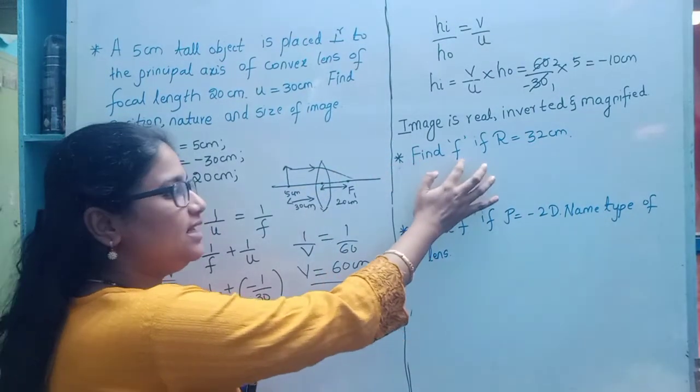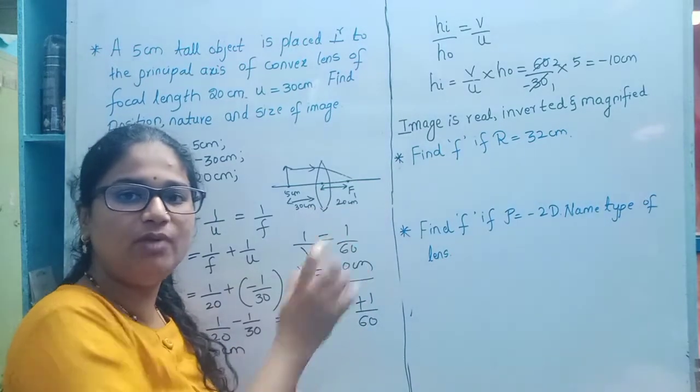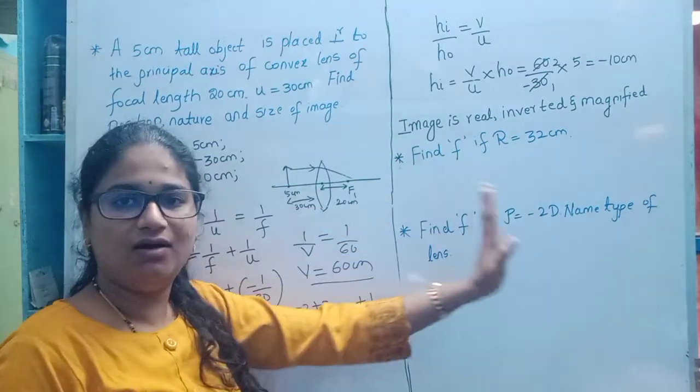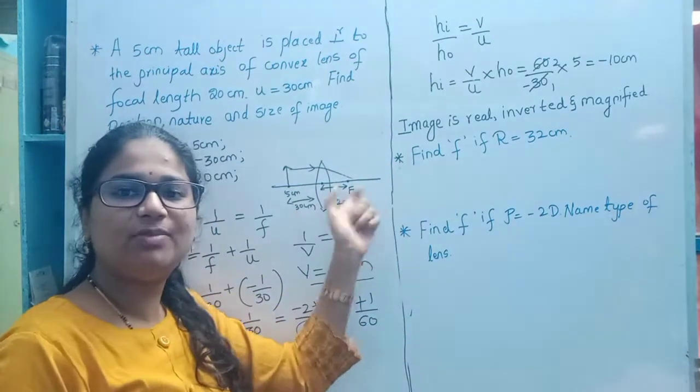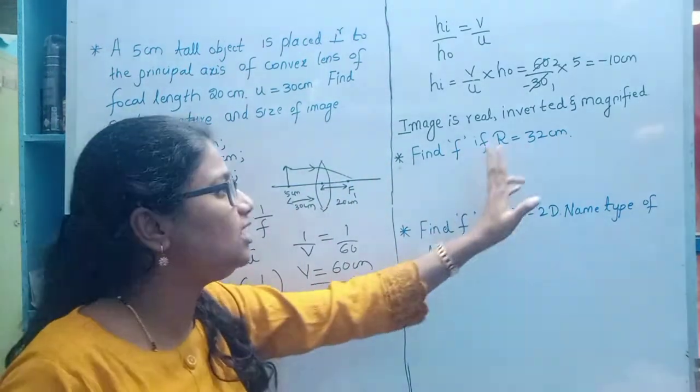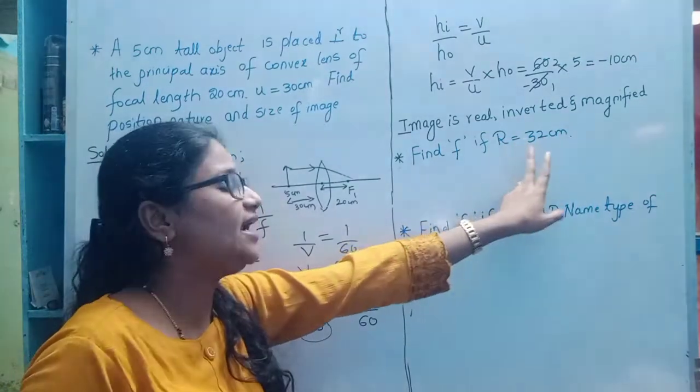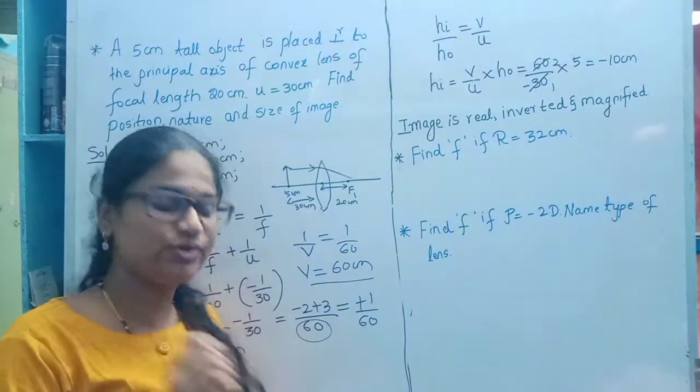Find the focal length. I wrote in symbolic form because it will save my board space. It will be in a statement actually. Find the focal length of a lens if its radius of curvature is 32 centimeter.